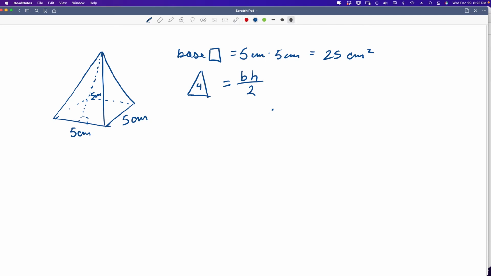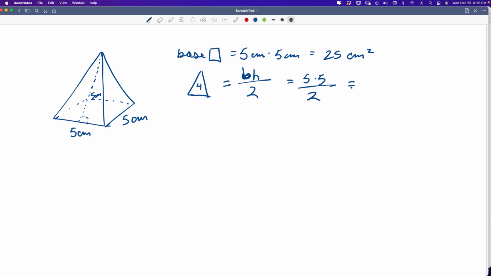Well, it's the width of the base times the height divided by 2, so yes, it is just base times height divided by 2. So the base here is 5 centimeters, and the slant height is 5 centimeters. So that's going to be 5 times 5 divided by 2.